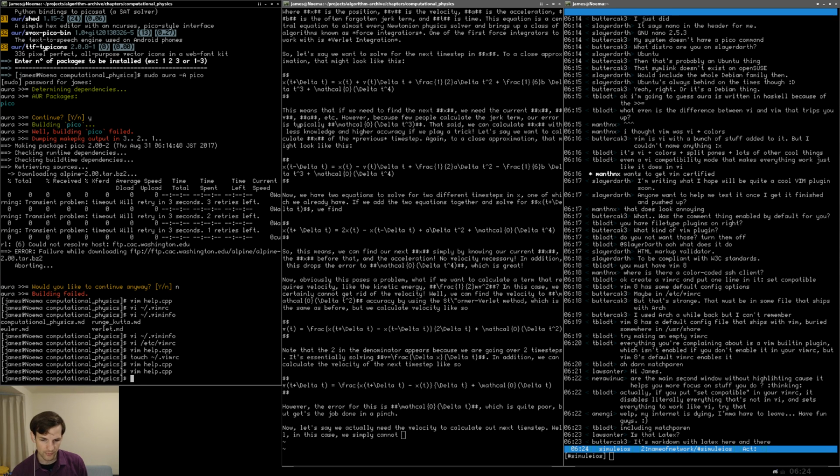Actually, if you put set compatible with vimrc, I missed something. I don't remember. This is Markdown with MathJax, which allows us to do the LaTeX editing. We simply cannot use the above approximation, and instead need to use the velocity Verlet algorithm.